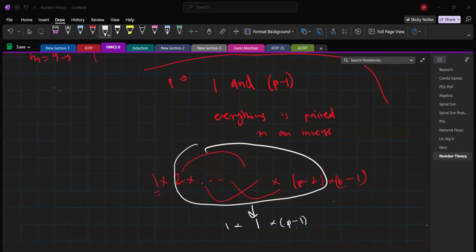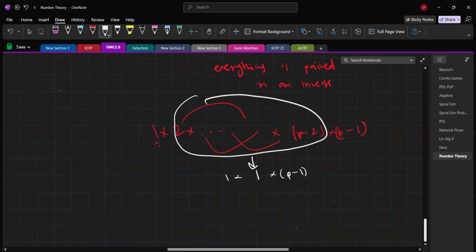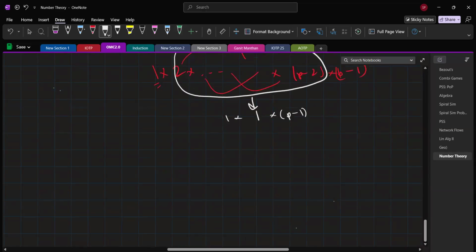Okay, so let's try to show that. But first of all, maybe something much easier. Do you see why p minus 1 has to be paired with itself? Why is p minus 1 always its own inverse?